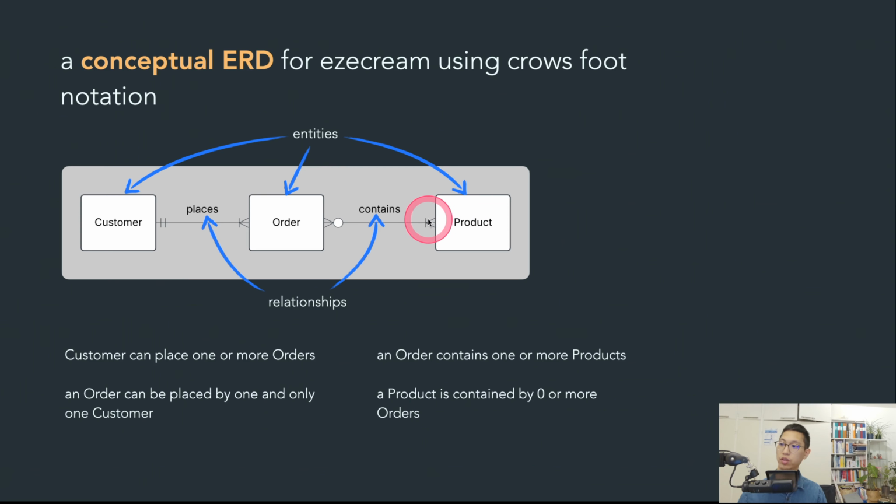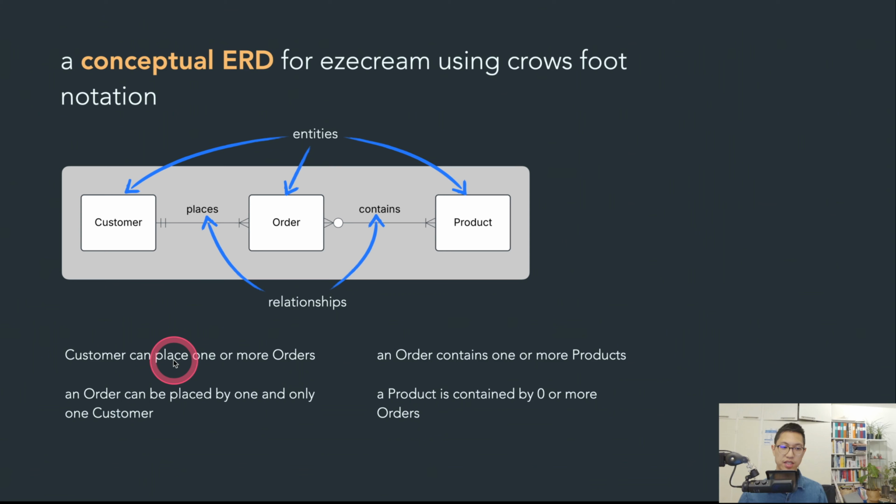But it can contain several products. An order can only exist if there is one customer, right? So we cannot have several customers making the same order. Instead, an order is connected to one customer and only one customer. So this makes the order entity what is called a weak entity. So it depends on the customer to exist.